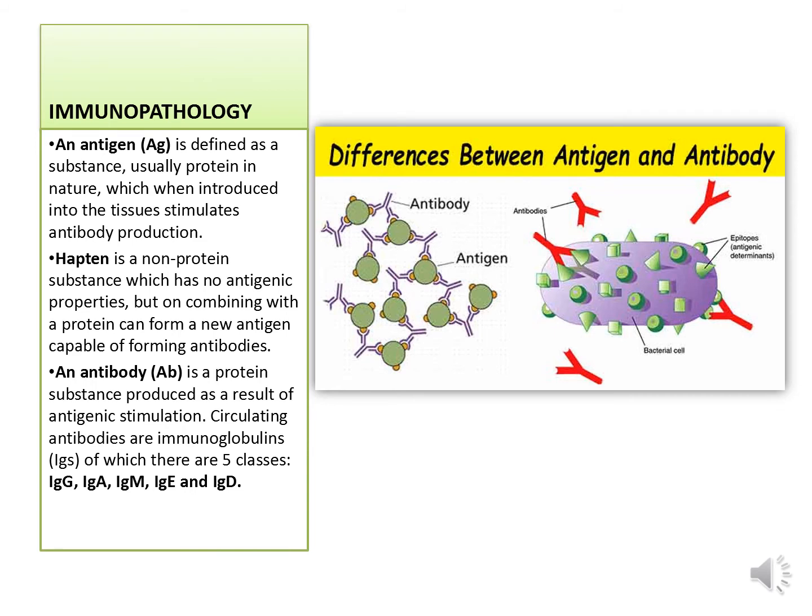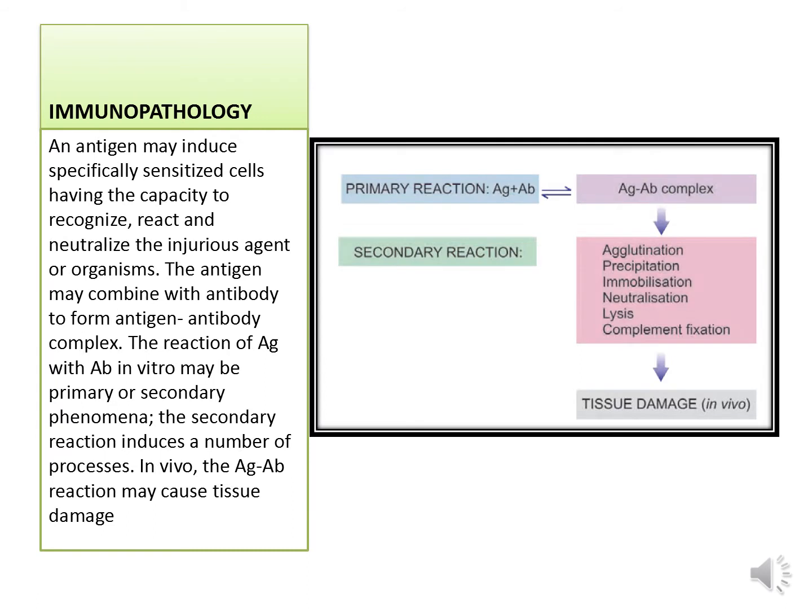So here you see in the picture the difference between antigen and antibody. You see the determinants on, for example, bacterial cells, and you see antibodies which combine with antigens and create the antigen-antibody complex.